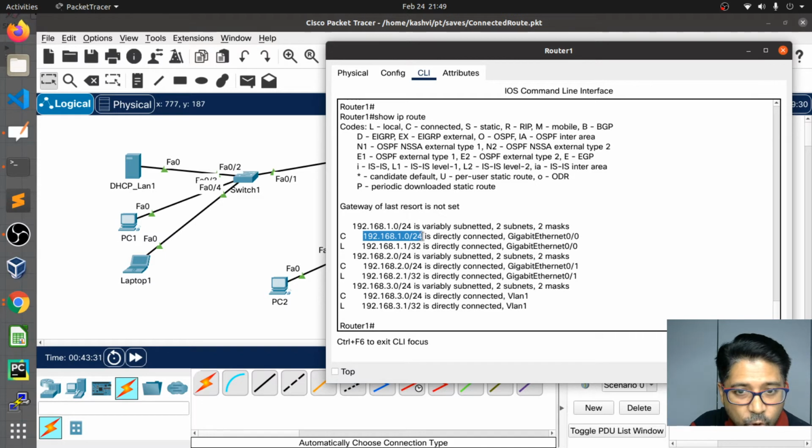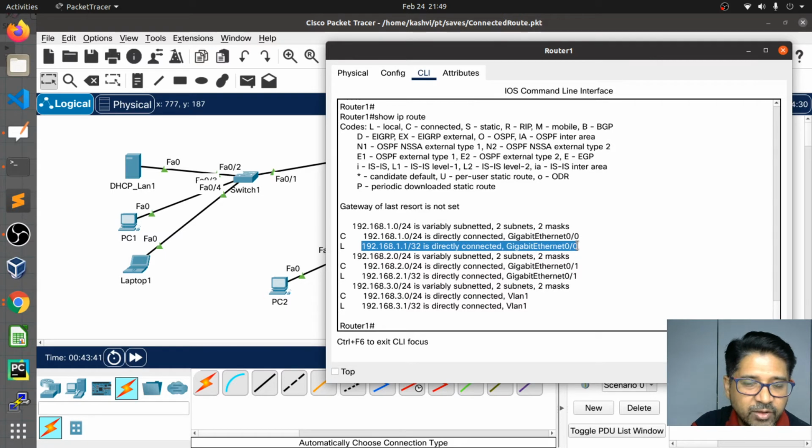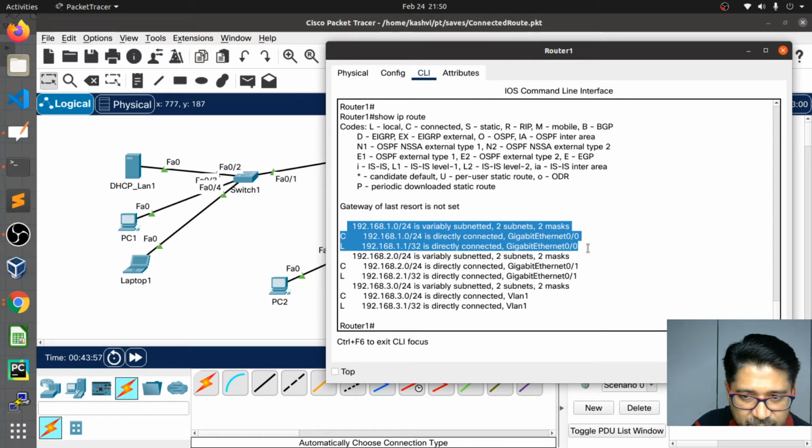But what is the locally assigned IP? That is 192.168.1.1, which is directly and locally assigned to this interface. Clear? You understand 1.1 and 1.0/24? Clear? Yes, sir. What is C? What is L? Yes, sir. Right. Okay, so this is the introduction of the family and this is the description.